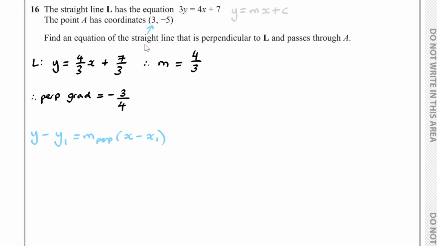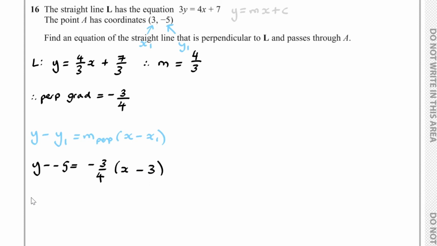x1 will be the 3, and y1 will be the minus 5. So substituting everything in, we end up with y minus minus 5 equals minus 3 over 4 lots of x minus 3.